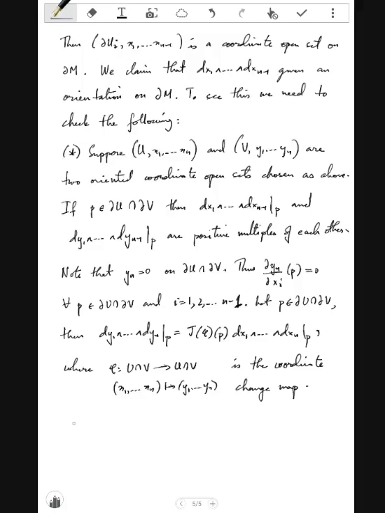And J phi at P is the determinant of the matrix with entries dy1 by dx1 at P, dyn by dxn at P, dy1 by dx2 at P.